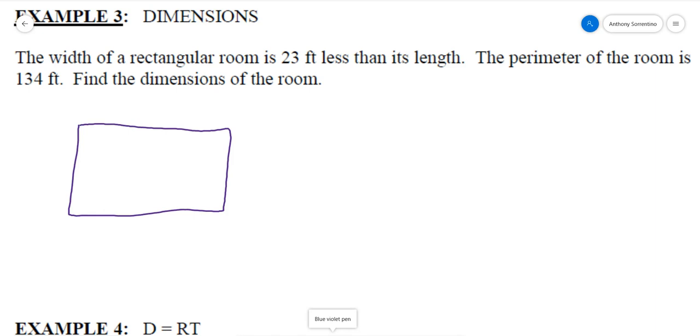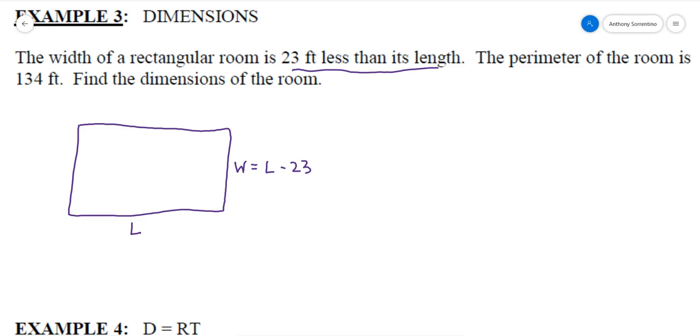which has a length and a width. Now I'm going to call this L for length, and this is what we would normally call width, but the width, we're being told, is 23 feet less than its length, which means this is going to be L minus 23. The reason why, I don't want to interject too many variables is if I have multiple variables in an equation, it becomes hard to solve.